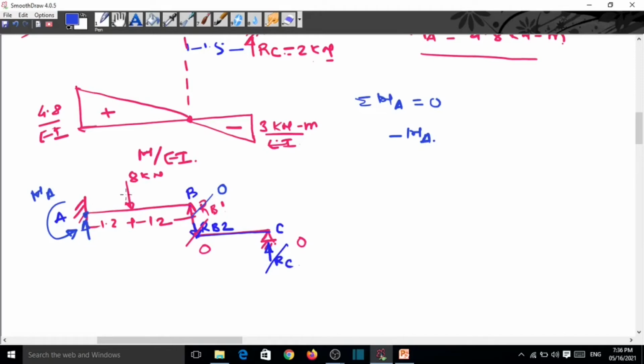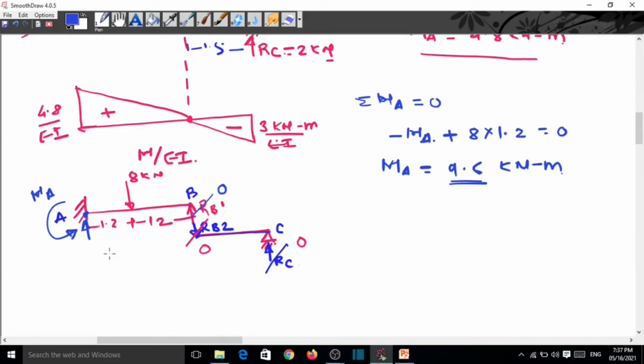The next force is clockwise, so plus 8 into 1.2 is equal to 0, because this RB is 0. So MA is equal to 9.6 kilonewton meter. Again this answer is positive, so the assumed anti-clockwise direction is correct.